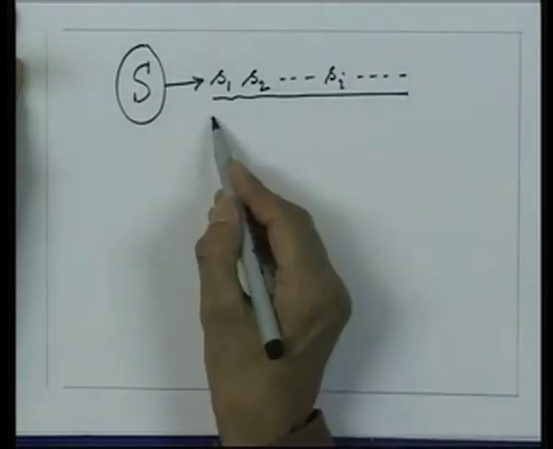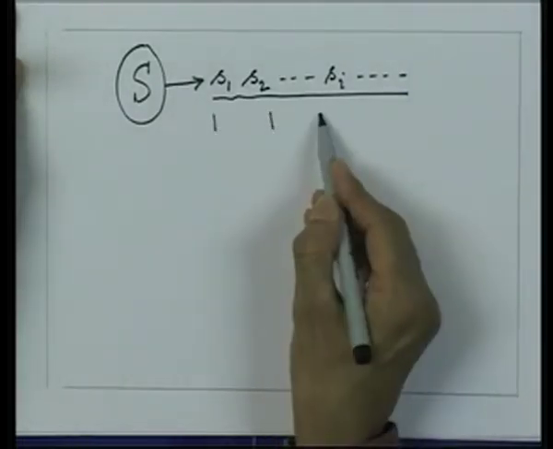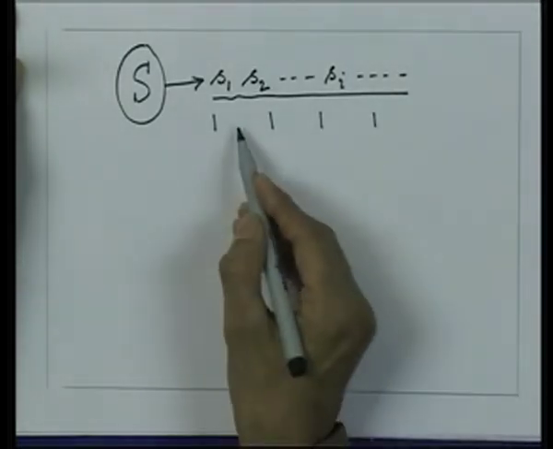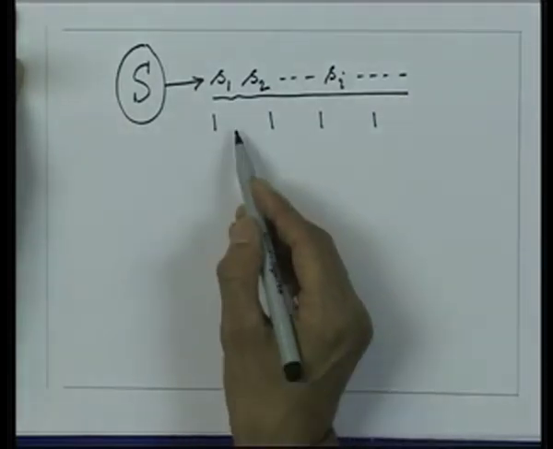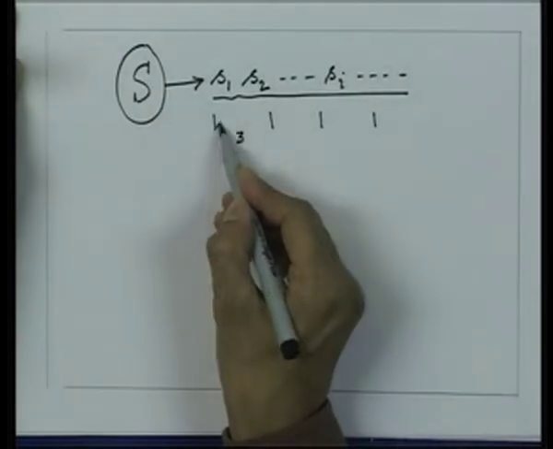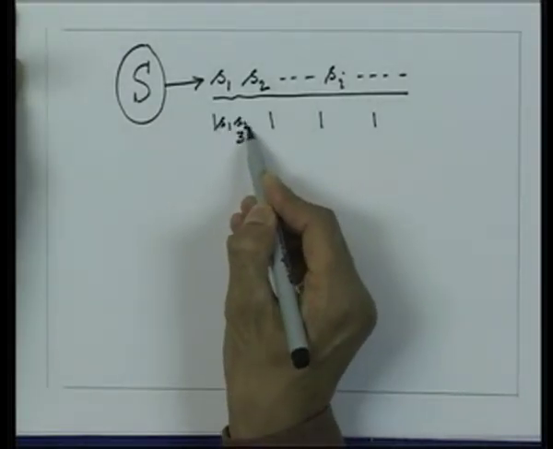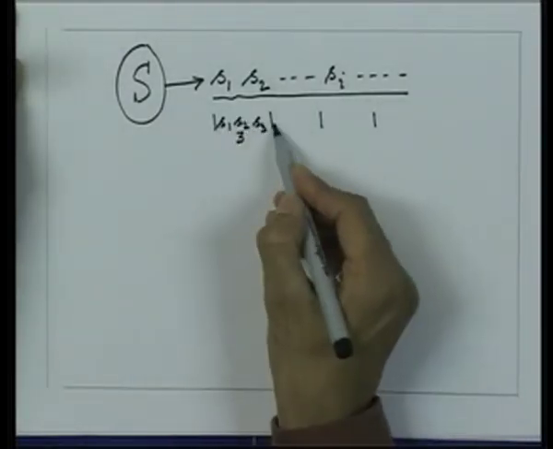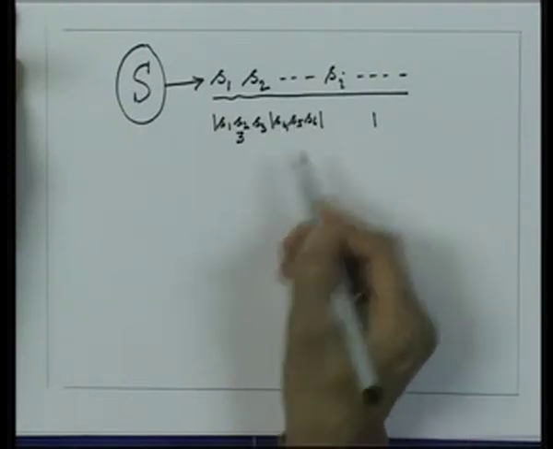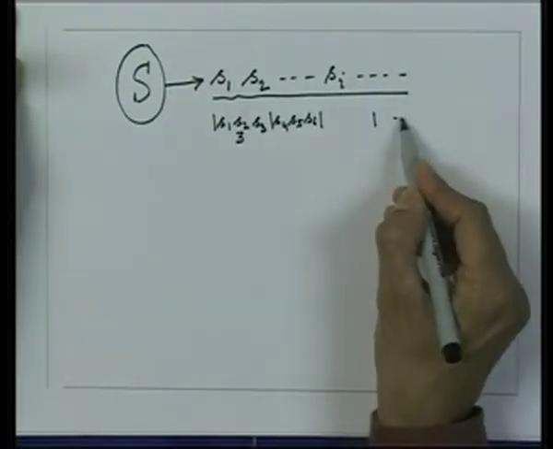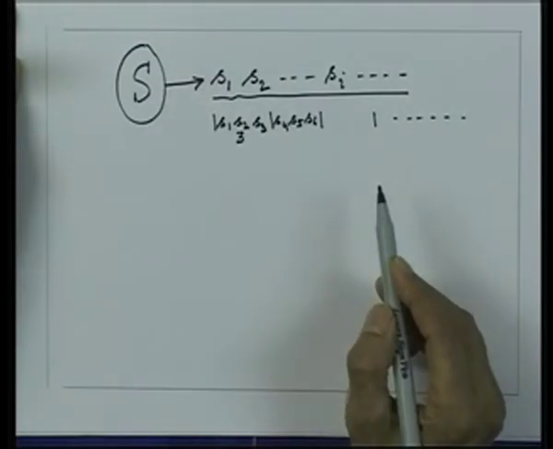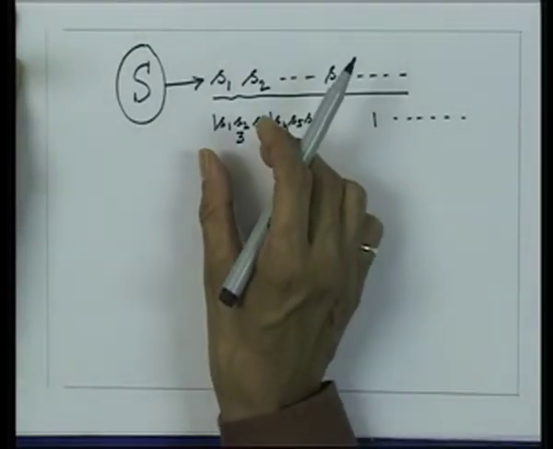For the time being, let me assume that I start looking at the output sequence in blocks of 3 symbols. So, this would be one block, the second block will be like this, continuous like this. I can look at the output sequence from this source in terms of blocks.